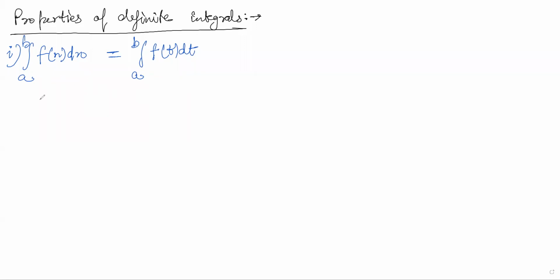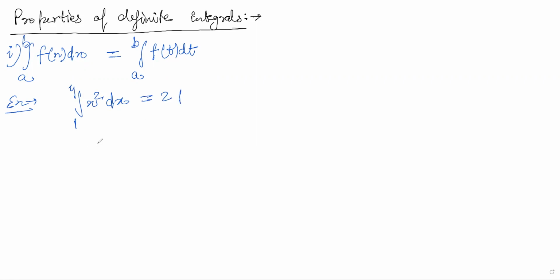Let's understand this property, because there is a confusion associated with it, that you have already changed these variables. In substitution, you used to change variables, but this is not substitution. We are not substituting t in place of x. Let's say you solve x square dx from 1 to 4, and the answer was 21.